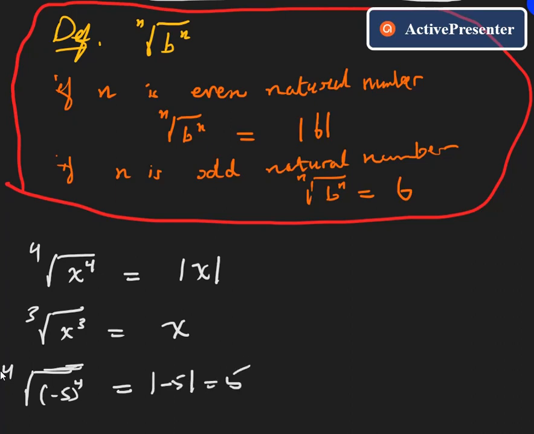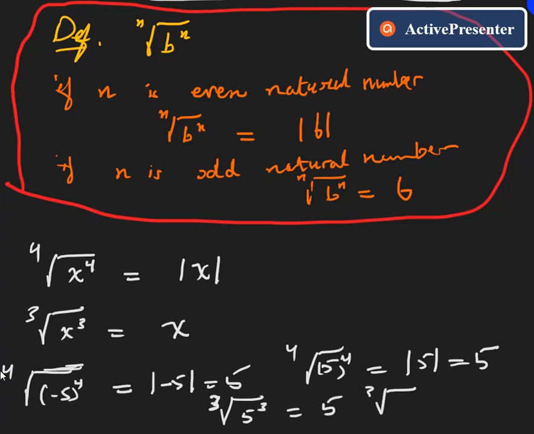Okay, if I tell you the fourth root of 5 to the power 4, this is also equal to the absolute value of 5, which is equal to 5. If I tell you the cubic root of 5 cubed, this is equal to 5. The cubic root of minus 5 cubed, this is equal to minus 5.